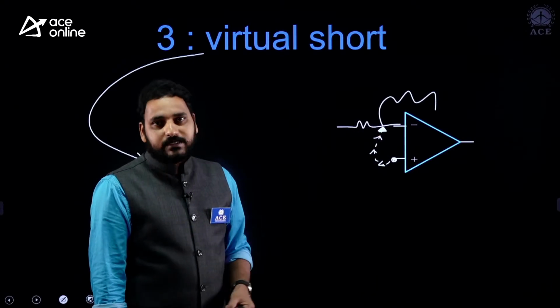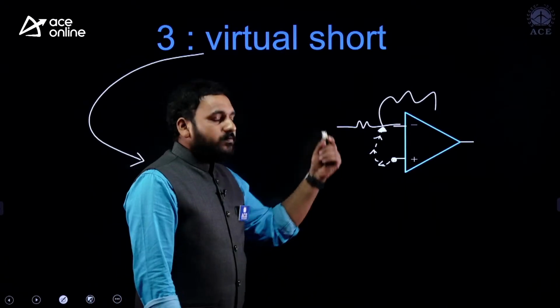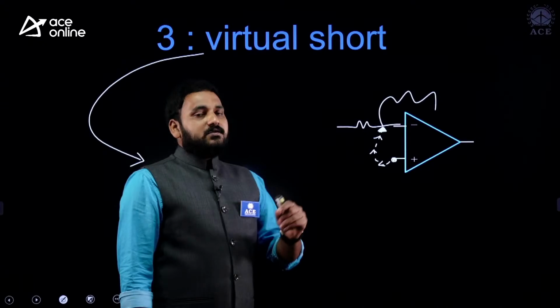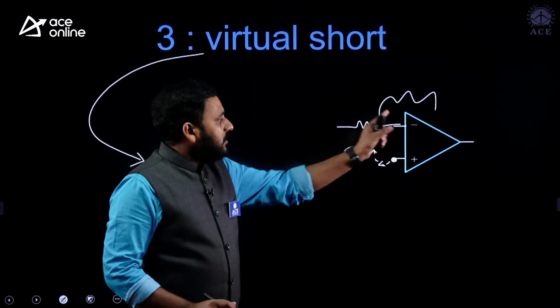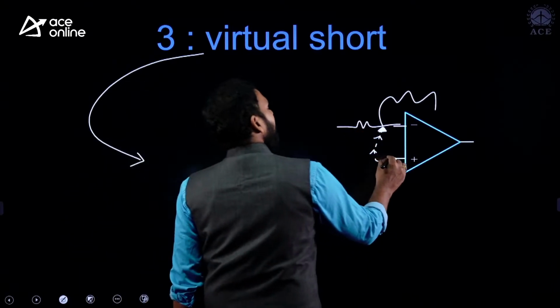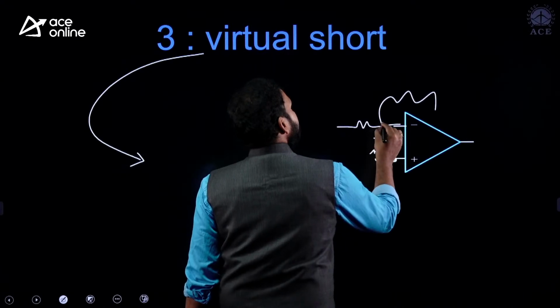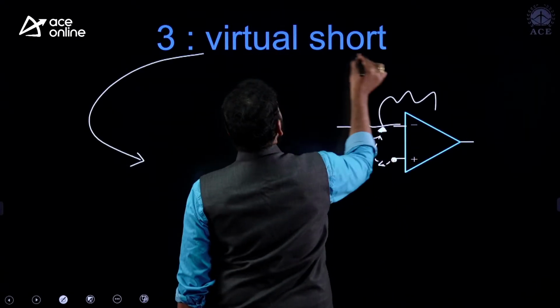That is the background story, but error amplification is a loophole for this particular topic. You just remember: in an operational amplifier, voltage from the non-inverting terminal can reflect at the inverting terminal. This concept is generally known as virtual short.